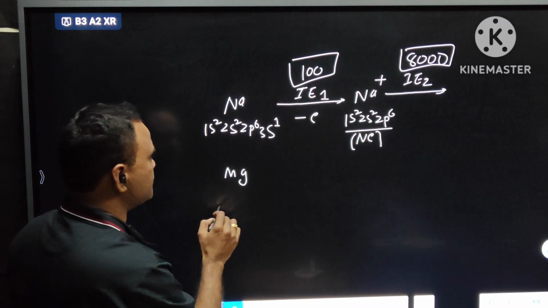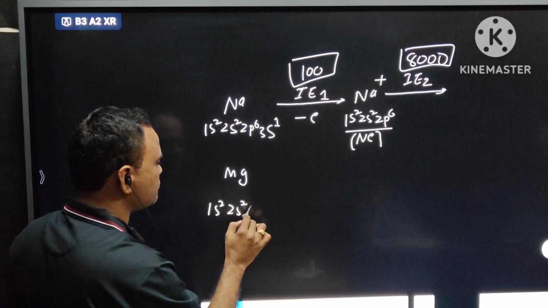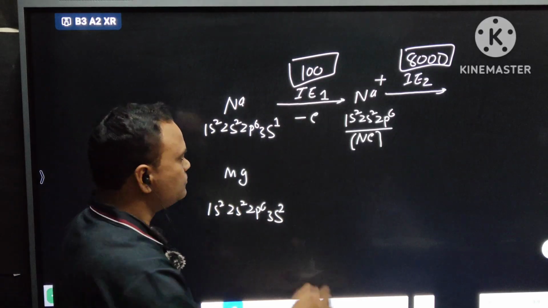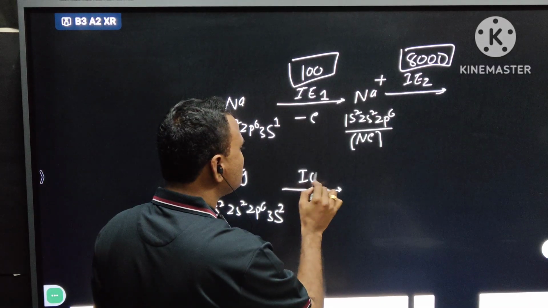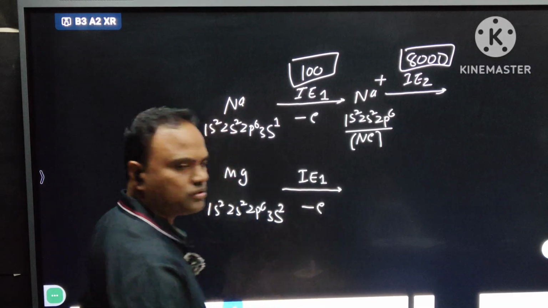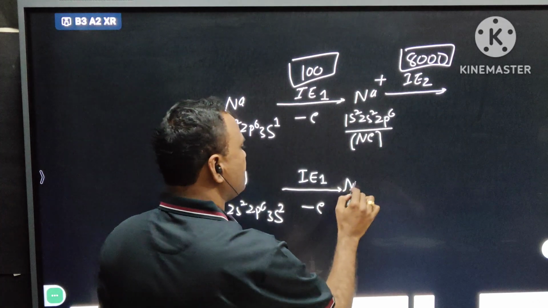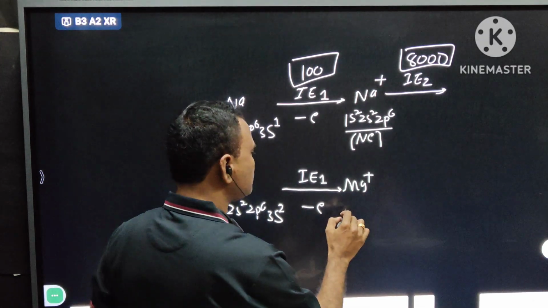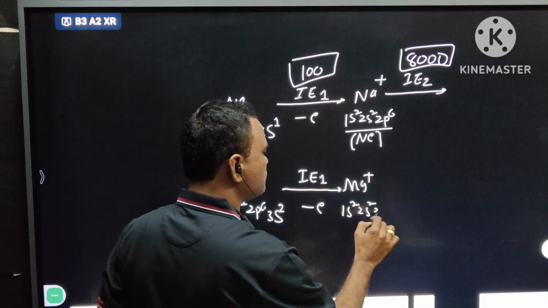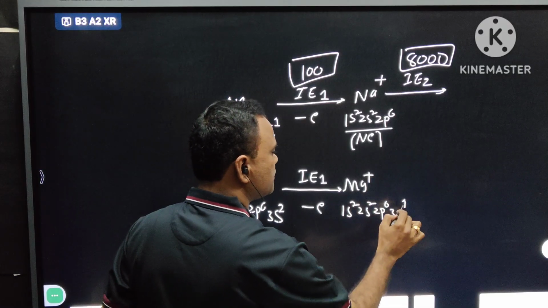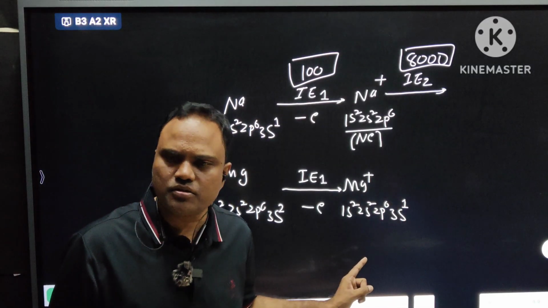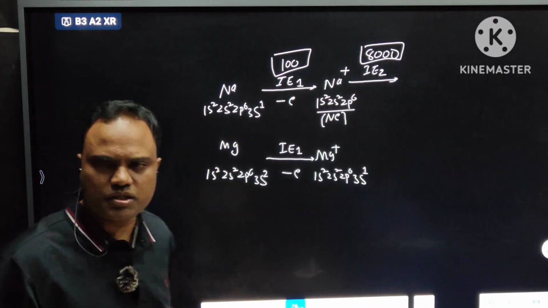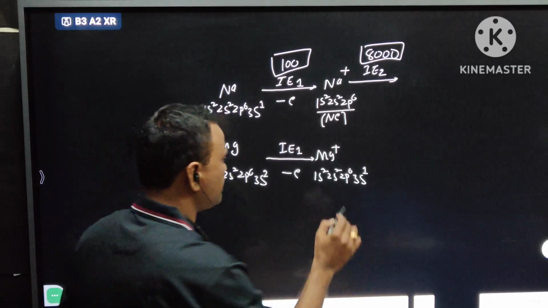Let us consider magnesium. Magnesium 1s2, 2s2, 2p6, 3s2. Ionization energy 1. Remove one electron: Mg plus, 1s2, 2s2, 2p6, 3s1. Is it inert gas configuration? No. Right? Remember that point.